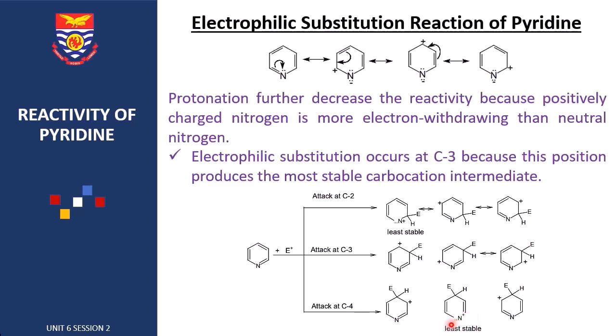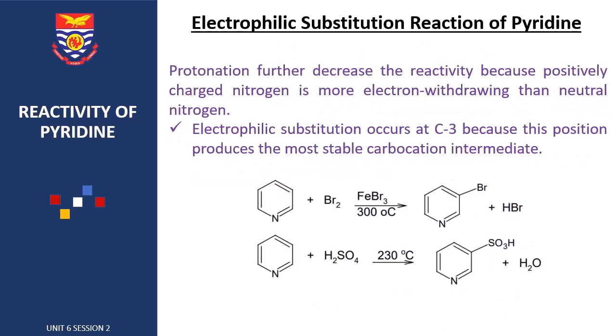The moment the nitrogen is positively charged, it becomes less stable. Out of this, realize that all 3 resonance structures produced at carbon number 3 are relatively stable compared to the resonance structures obtained at carbon number 2 and carbon number 4. So electrophilic substitution occurs at carbon number 3 because this position produces the most stable carbocation intermediate. Please take note of that.